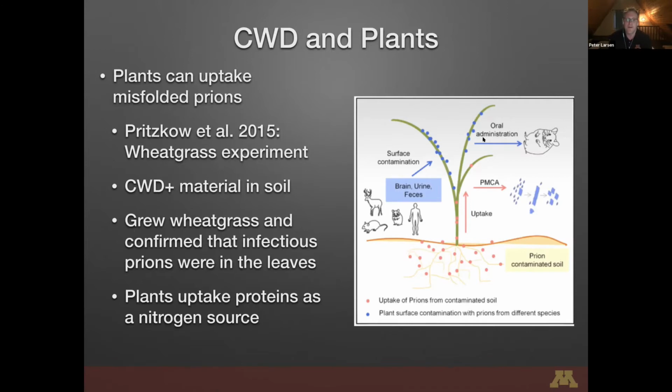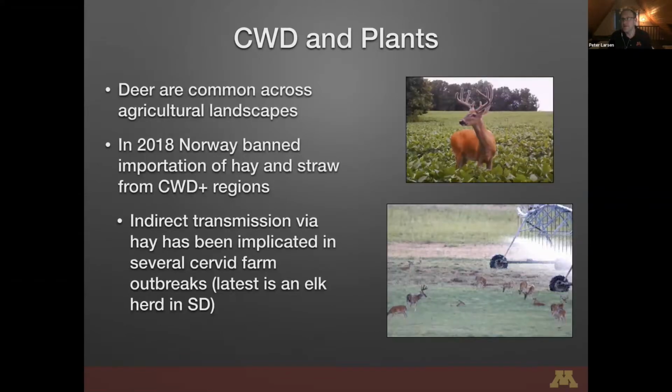And so this is a really important paper that all of a sudden highlighted the potential for misfolded prions to be taken up by plants in the environment, and that may be a source of indirect transmission. So the route that this is occurring is that plants do take up proteins as a nitrogen source, right? Well, this really obvious question comes up about, what about agriculture?